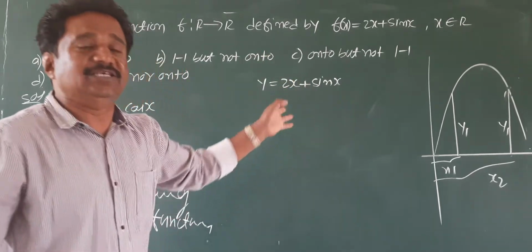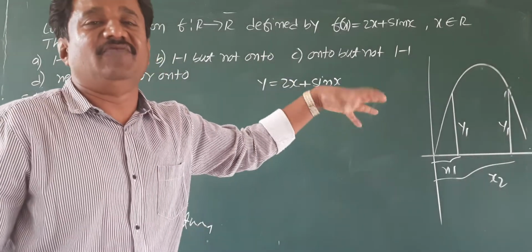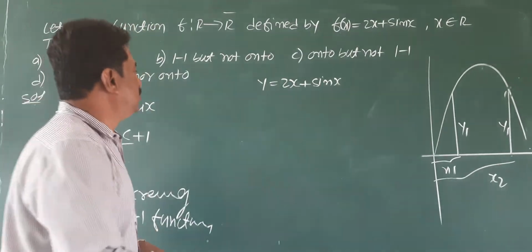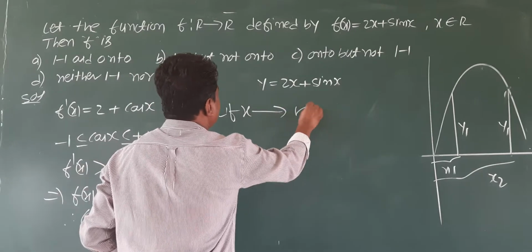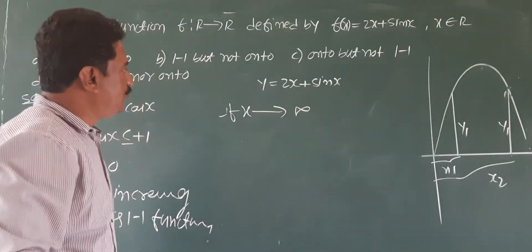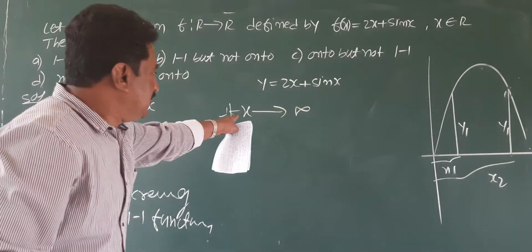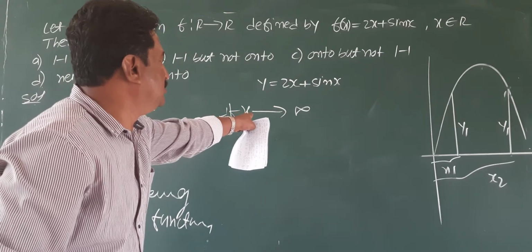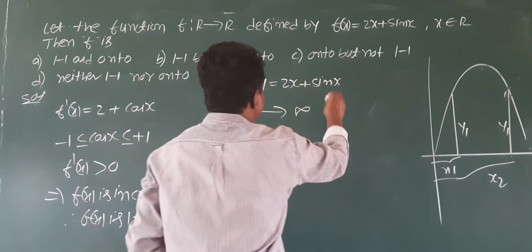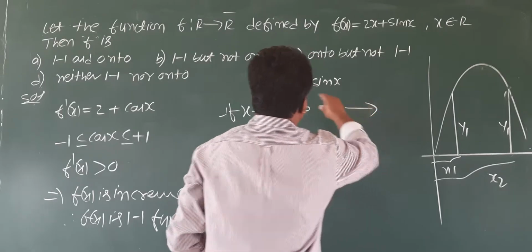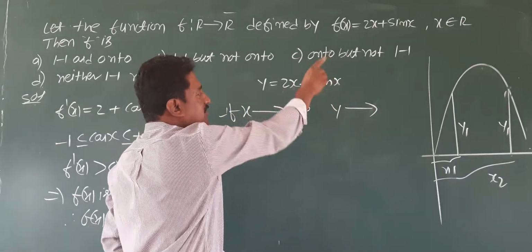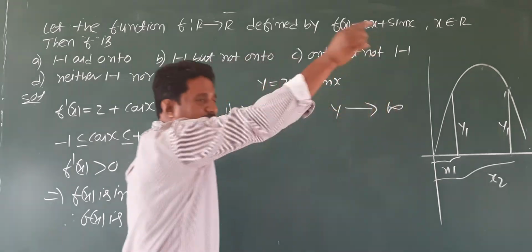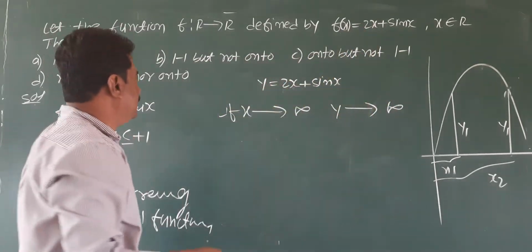Just analyzing is possible; you cannot solve it and show. Look at this, students. If x tends to infinity, if I change the x value from 0 to infinity, y also becomes infinity, since 2 into infinity plus anything is infinity. y also moves towards infinity.